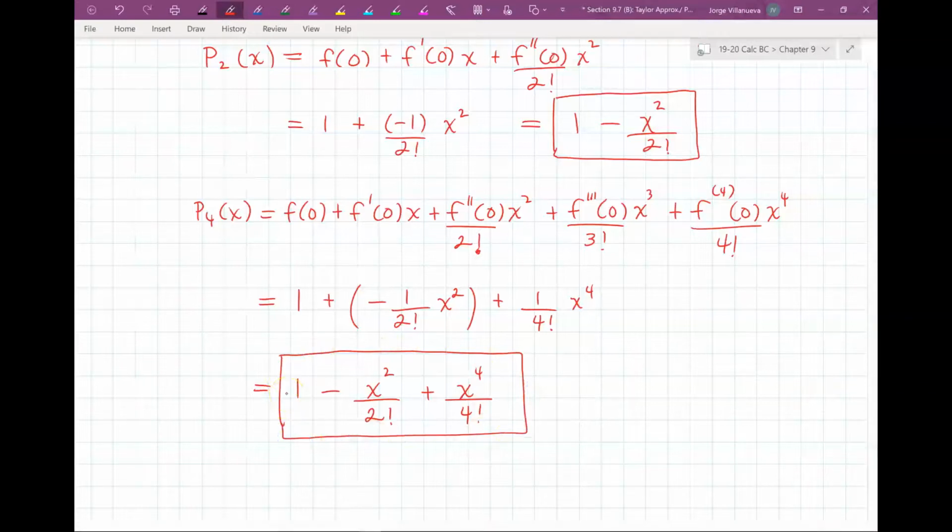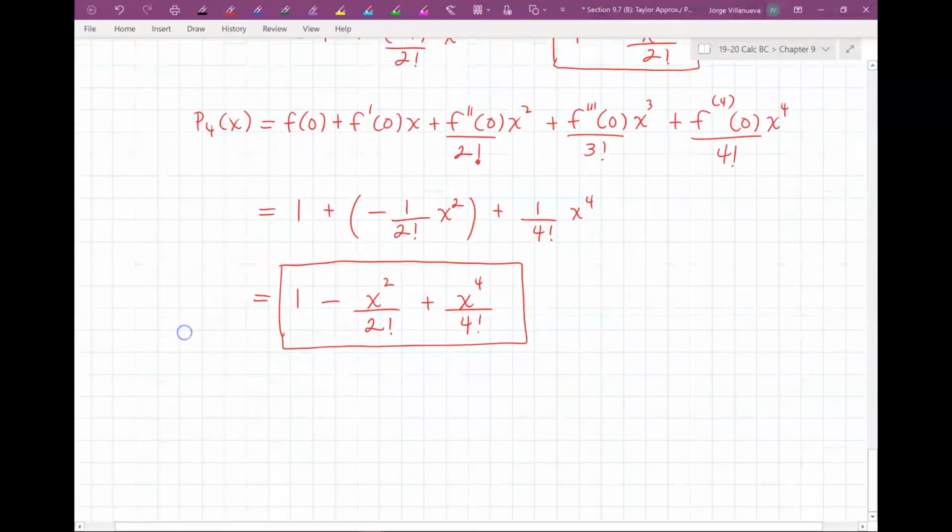Which powers are remaining? The evens. Even the x to the 0, right, which is 1. It's x to the 0 over 0 factorial. x squared over 2 factorial. x to the 4th over 4 factorial. So if I were to tell you, write a general formula for this function, you should write 1 minus x squared over 2 factorial plus x to the 4th over 4 factorial.